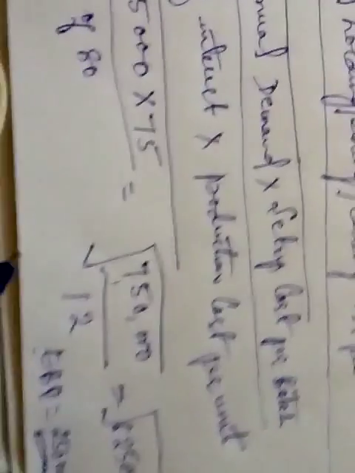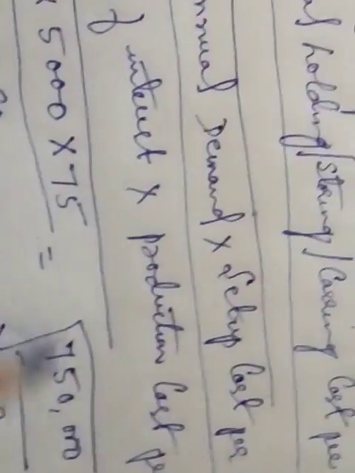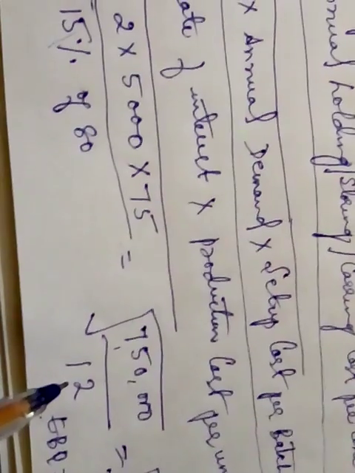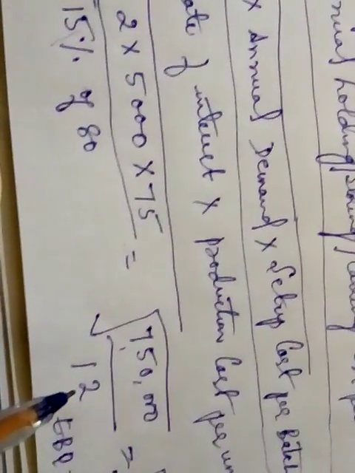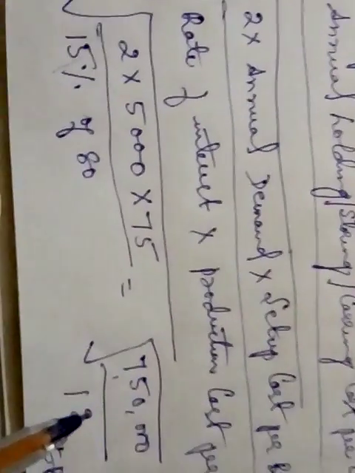So root of the multiplication of all this, 2 into 5000 into 75, comes to 7,50,000 divided by 12. So 12 is 15% of 80. 15% of 80 is 12 here.